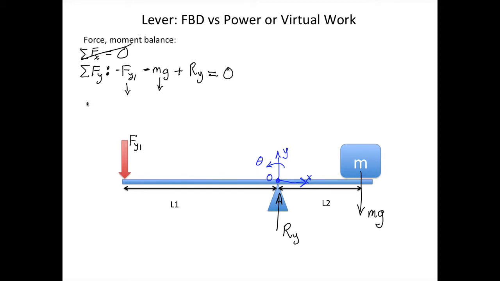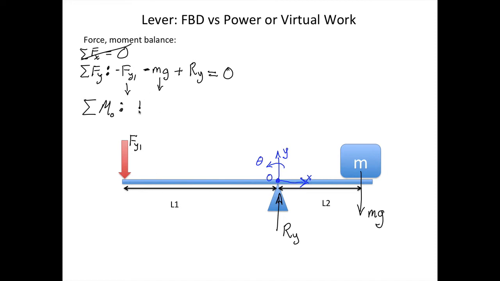And finally, we have to take a moment about the point O, about the origin. So we also know that the sum of moments about O has got to come out to be 0. So what moments do we have? If we use the right-hand rule, then this force Fy1 is going to be acting with that lever arm L1 to produce an anti-clockwise torque, so that's going to be positive.